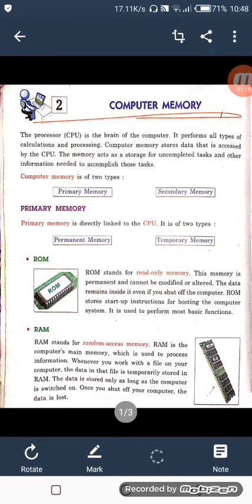In the computer, I told you we have three kinds of units in our CPU. First is the control unit, which controls all the activity inside the computer. Another is the arithmetic logic unit, which is used to solve problems related to calculations: addition, subtraction, division.